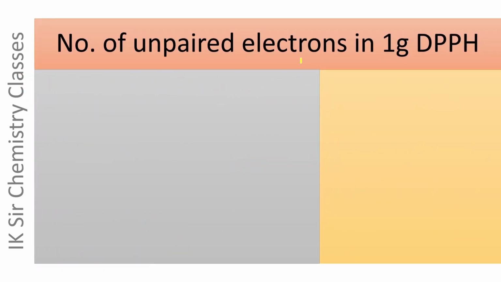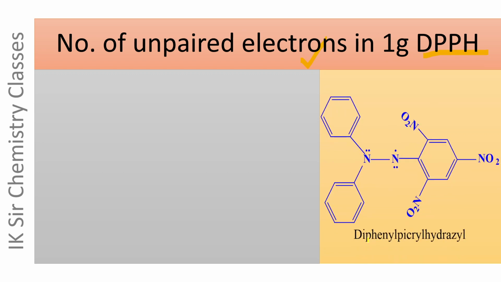Number of unpaired electrons in 1 gram diphenyl picryl hydrazine. The structure of diphenyl picryl hydrazine is given here. It is nothing but diphenyl, two phenyl groups, this is picryl group and hydrazine, diphenyl picryl hydrazine, which is abbreviated as DPPH.